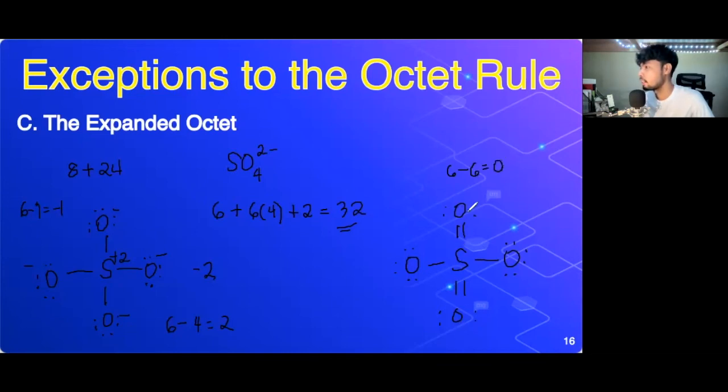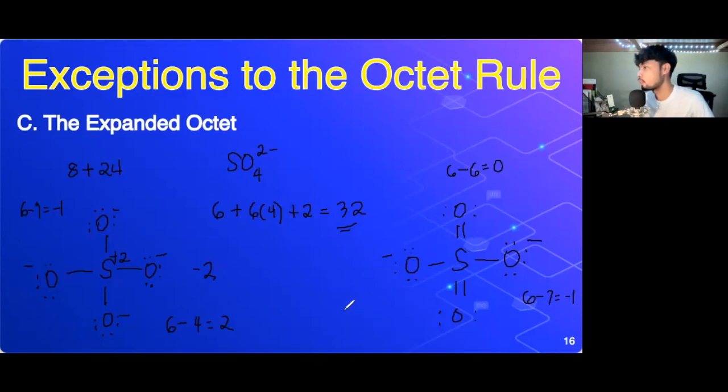This oxygen atom is identical to this oxygen atom, so this also has a 0 formal charge. This oxygen atom has a negative formal charge because it has 6 valence electrons and 7 assigned electrons. That will give us a -1 charge. These two are identical, so the formal charge of this oxygen atom is also -1.